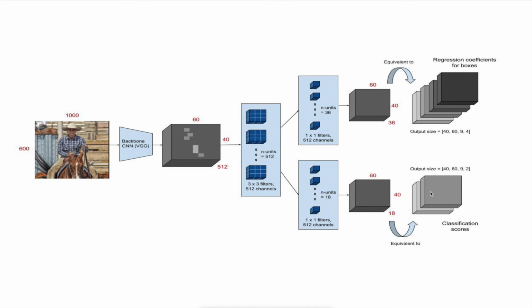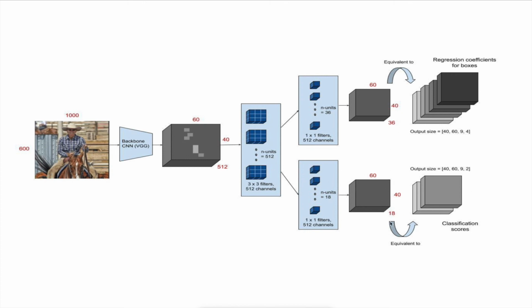So we use binary classifiers. The negative class I am calling background, and if we find an object, that is called the positive class. So there are two classes for each region.